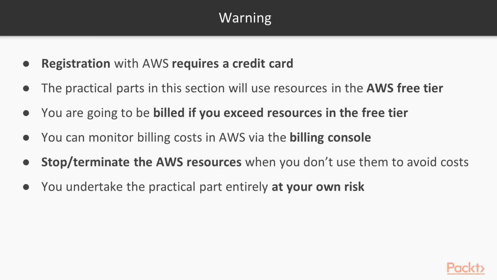For example, if you spin up a server with higher specs, or if you keep it running after the free tier period. You can monitor AWS costs via the billing console, and I will show you how to access it in the next videos. I recommend to keep an eye on the billing console to avoid any surprise.